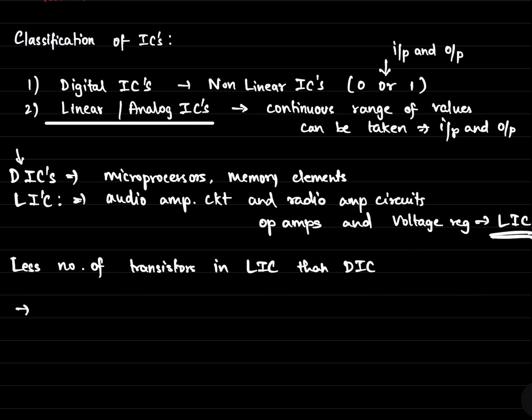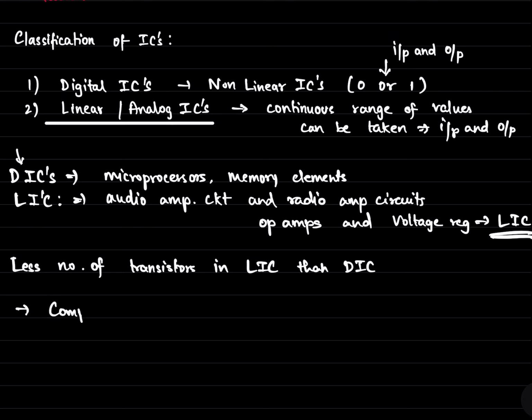They require complex digital signal processing and computation. These functions require a lot of transistors because they have to create logic gates and memory elements. A microprocessor contains a lot of memory cells, and all these memory cells require a large number of transistors. So extensive memory capacity and these extensive complex logic functions increase the number of transistors within DIC.